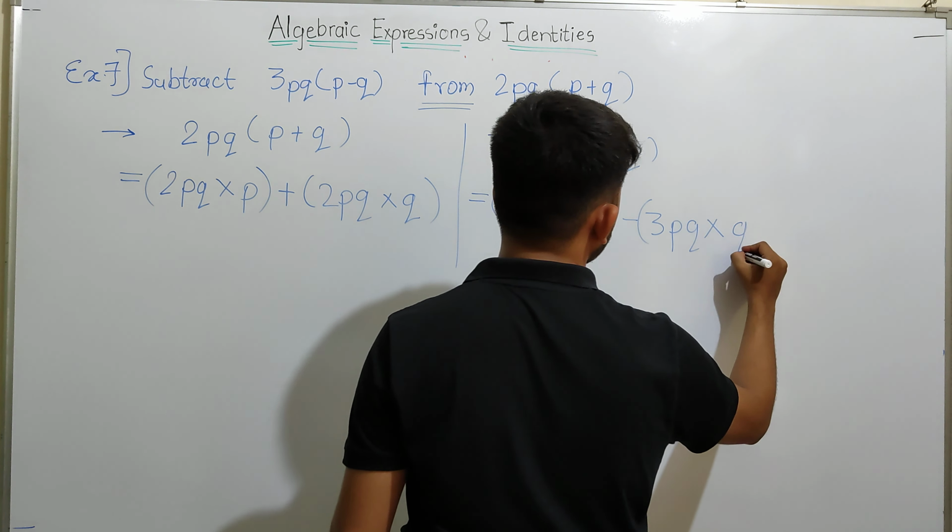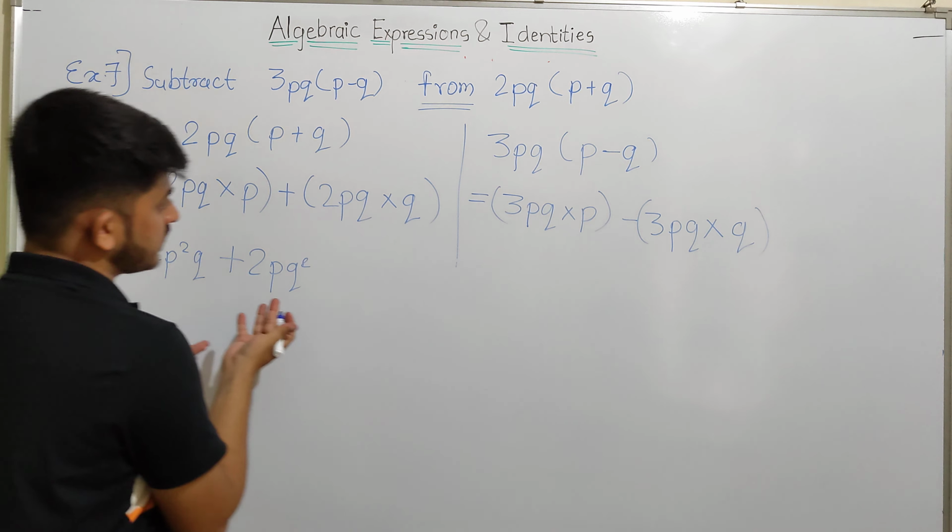Now 2pq into p is 2p²q, plus symbol as it is, 2pq into q is 2pq². That's it. This is about the first term.